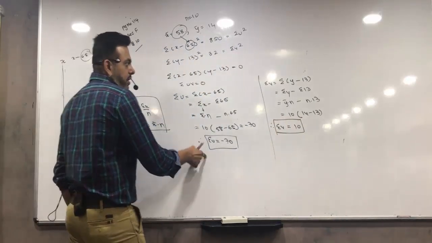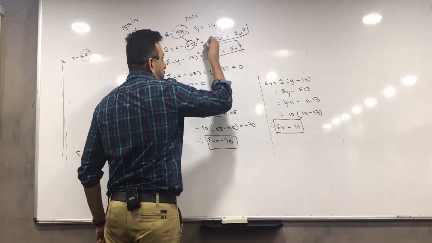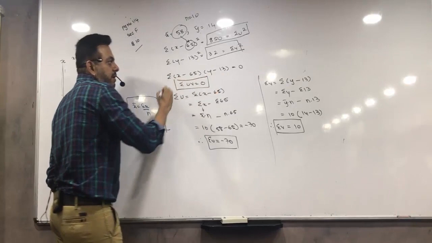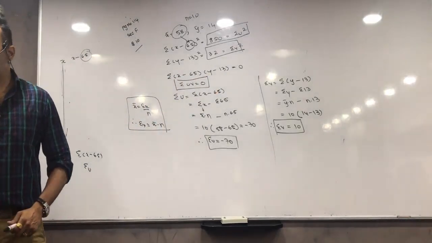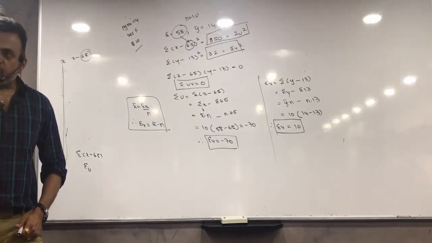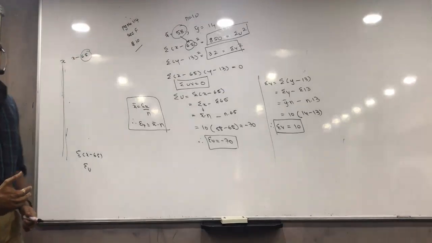Now you got sigma u, sigma v square and sigma u square. And you got sigma u v. What formula is to be used? uv. uv, all of you understood this. Extremely important, has come in past board exams also. Okay, don't ignore this.